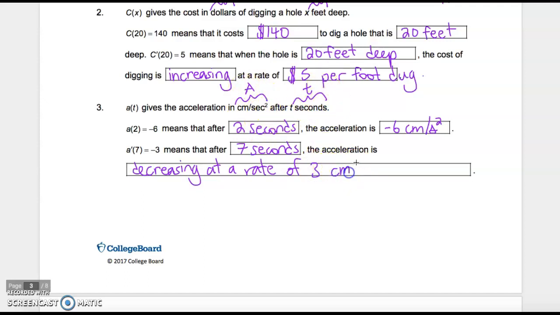So centimeters per second squared per second. Or again, if we want to get our notation 100% correct, centimeters per second squared per second, or centimeters per second cubed.